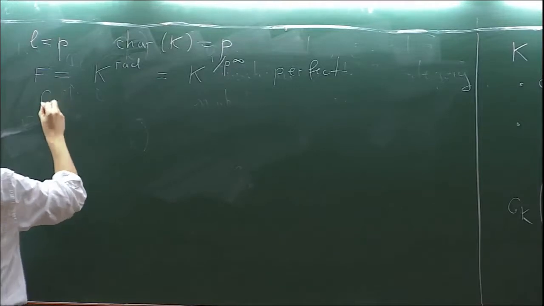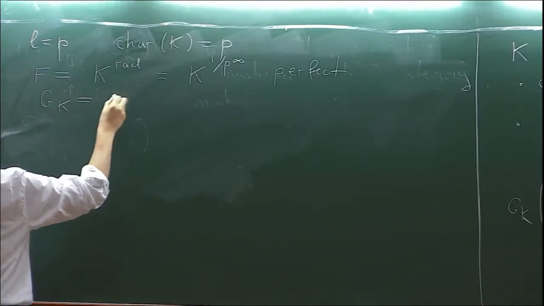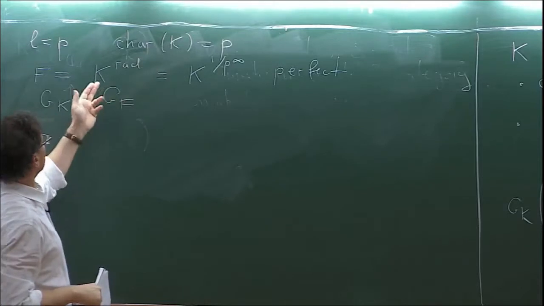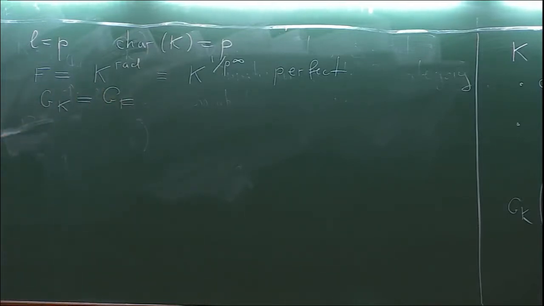So the Galois groups of K and F are isomorphic. So we can instead of K study p-adic representations over F.